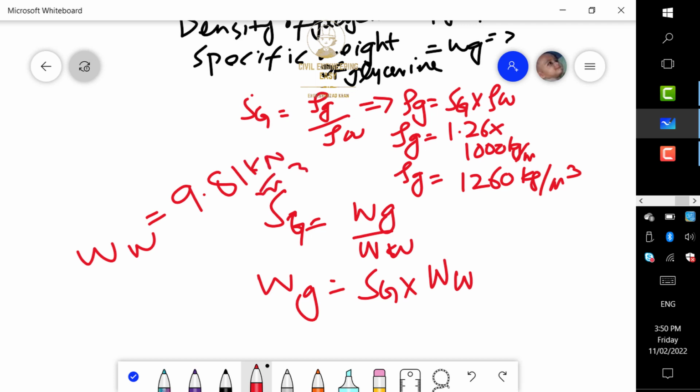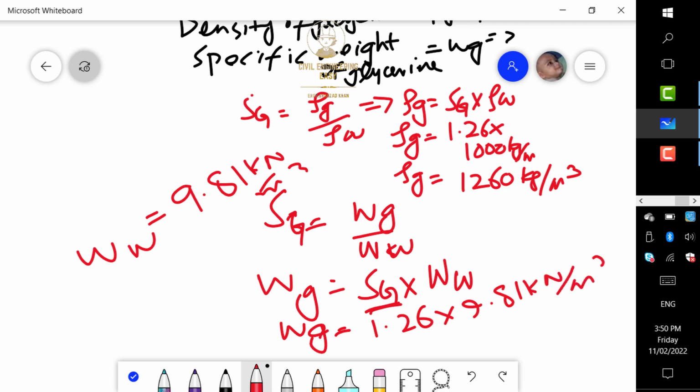By putting the values in this equation, the specific weight of glycerine will be equal to 1.26 multiplied by 9.81 kilonewton per cubic meter, which is 12.36 kilonewton per cubic meter.